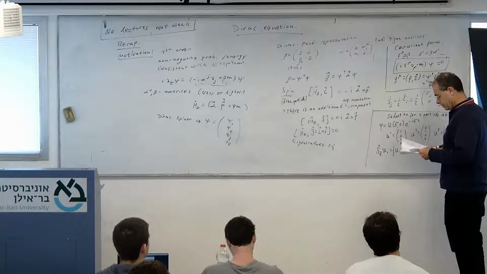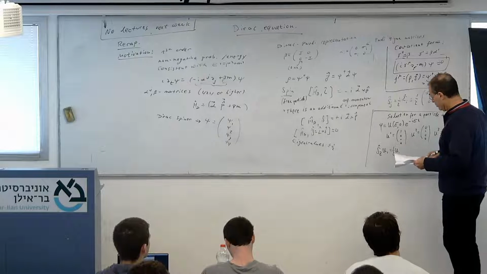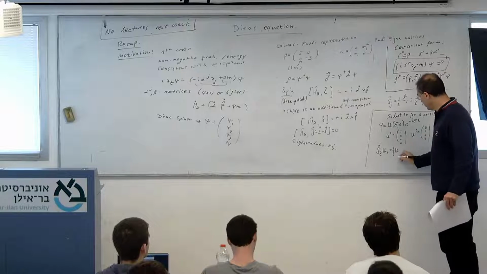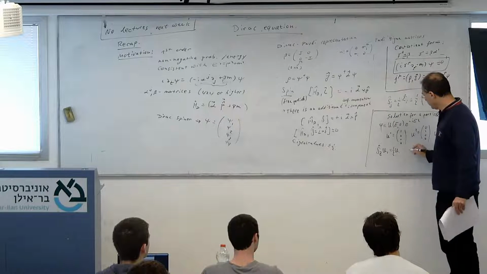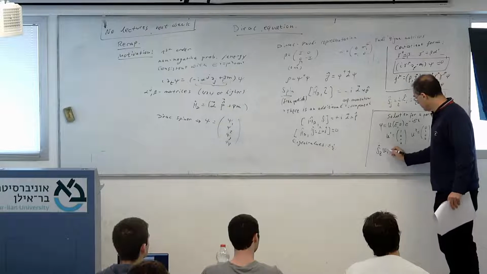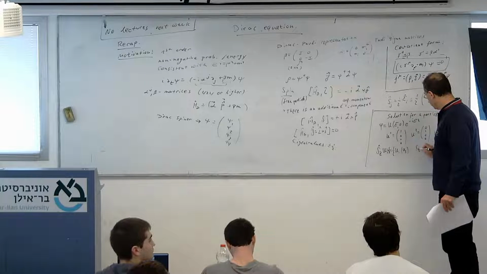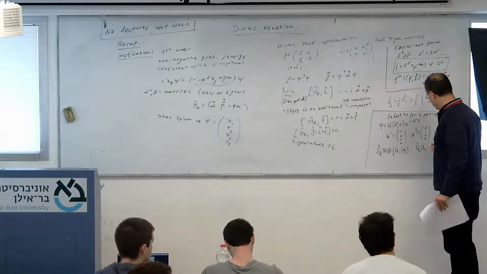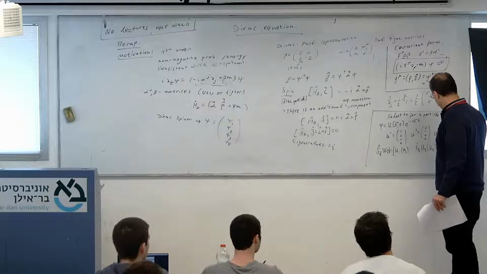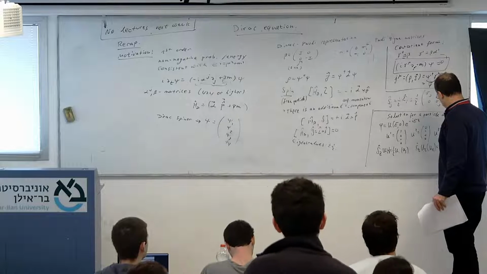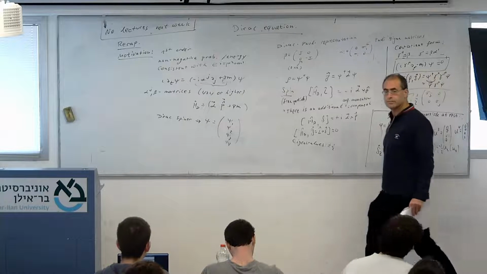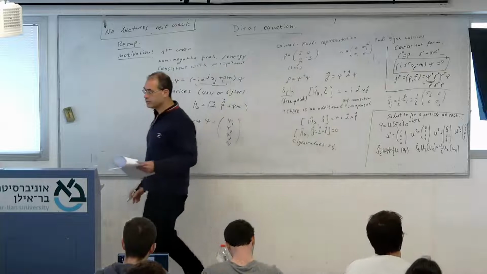And of course, on u2 it will be a minus, and u3 plus, and u4 as in u2 is a minus 1/2 u2. I think this is as far as we managed to go last time.